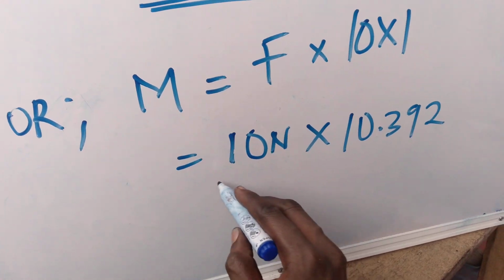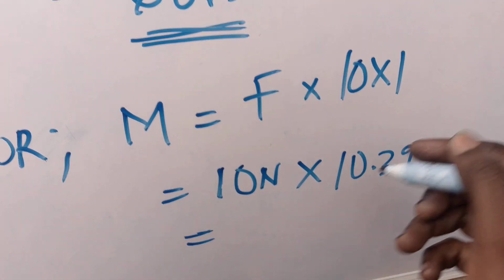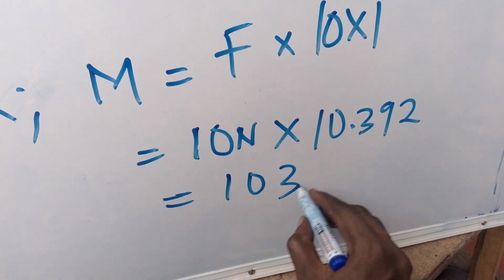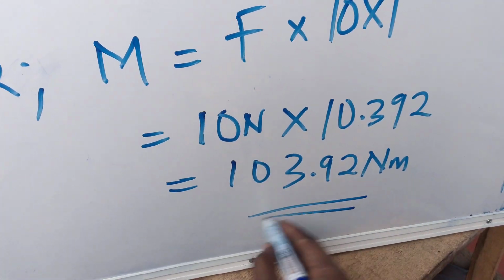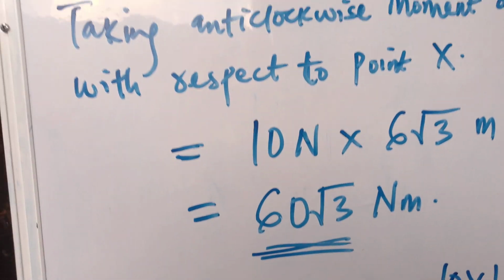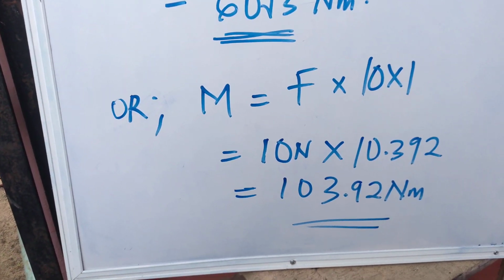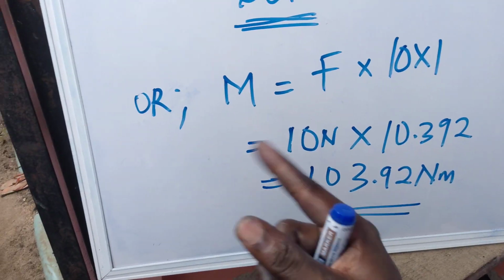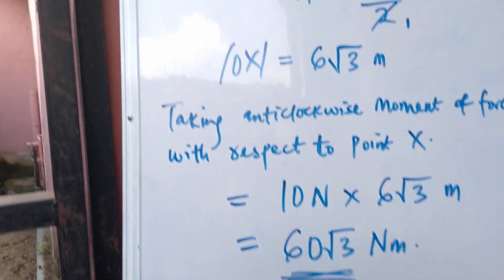If I multiply that, it gives me 103.92 Newton meter, similar to 60 root 3. This is using the decimal: 103.92 Newton meter.